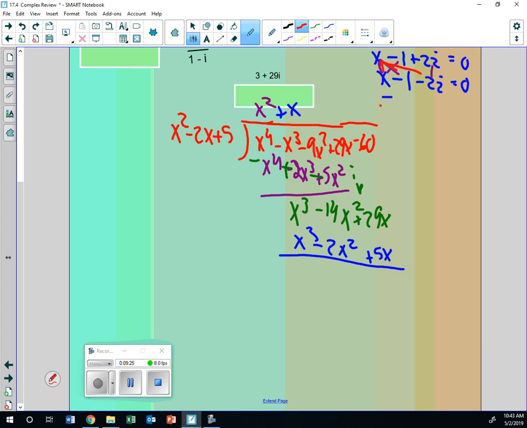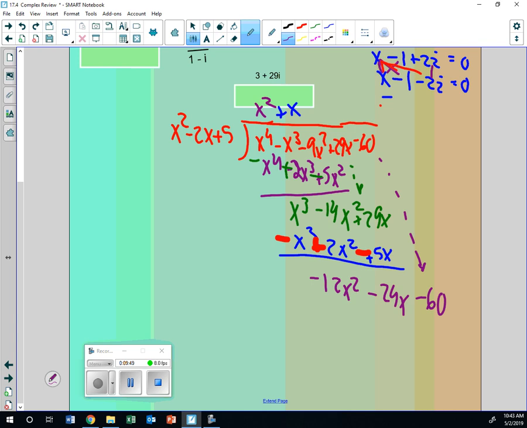Take the opposite of those. And then that's going to give me 0, negative 12x squared, and this is where it should pay out here, 24x minus 60.